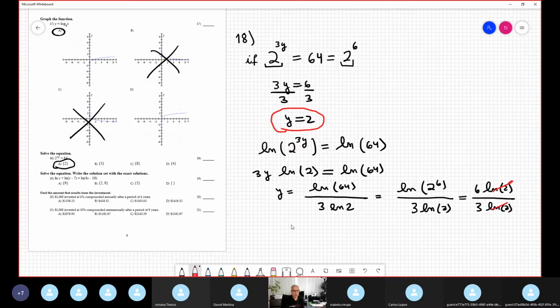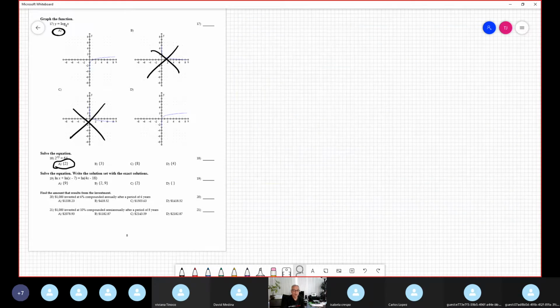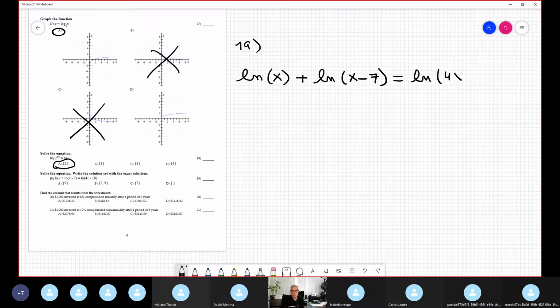Okay, let's go to 19. 19 is a logarithmic equation. Okay, let me copy. Is 19: ln of x plus ln of x minus 7 equals ln of 4x minus 18.